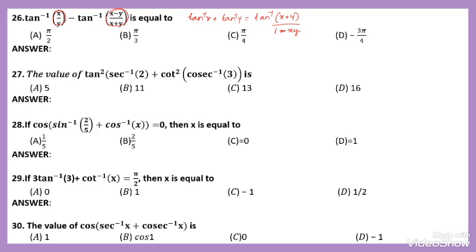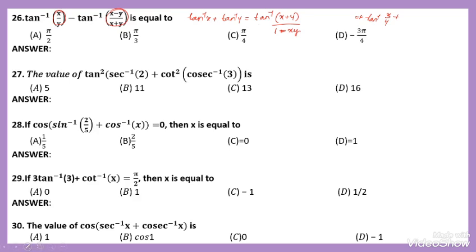I can solve here. First, by the property, I can take x as tan inverse of x by 2, plus tan inverse of x minus tan inverse of y.